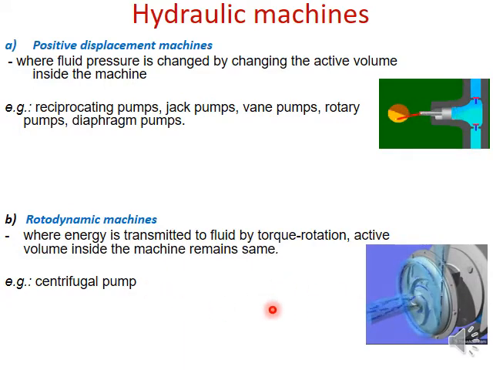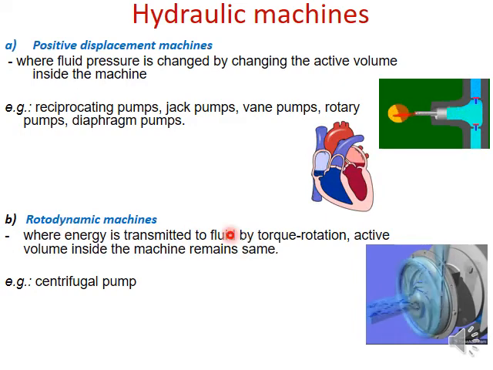In many domestic water pumping, you may have seen the use of centrifugal pumps. In those, as shown here, the active volume inside the machine remains same. Fluid moves in here and goes out from here. So I'm sure you know the difference between these two types now.